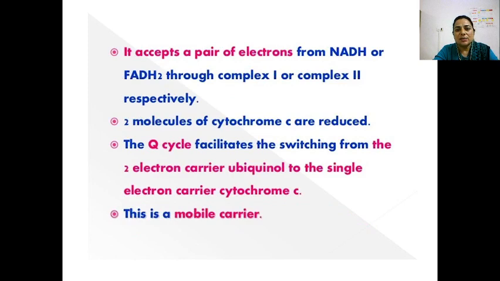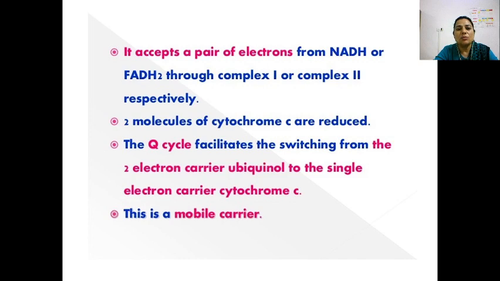It accepts a pair of electrons from NADH or FADH2 through complex 1 or complex 2 respectively. 2 molecules of cytochrome c are reduced. The Q cycle facilitates the switching from the 2 electron carrier ubiquinol to the single electron carrier cytochrome c.